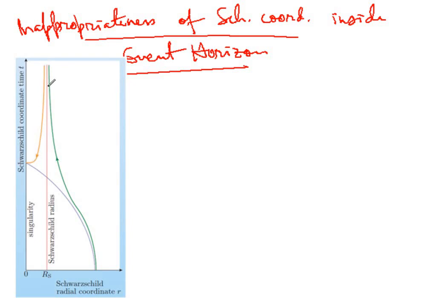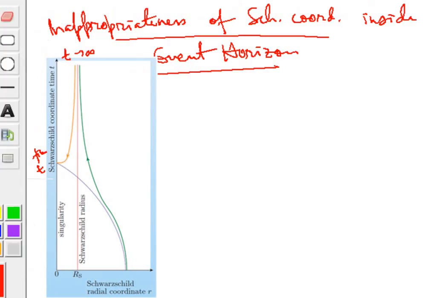See, this is t tending to infinity, and this is a finite t. Now it's tempting to interpret this as a sign that the infalling observer is traveling backward in time. However, no such fanciful interpretation is needed. Okay.